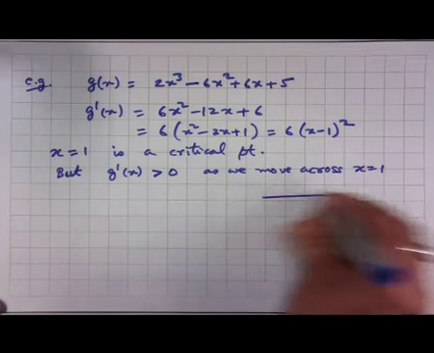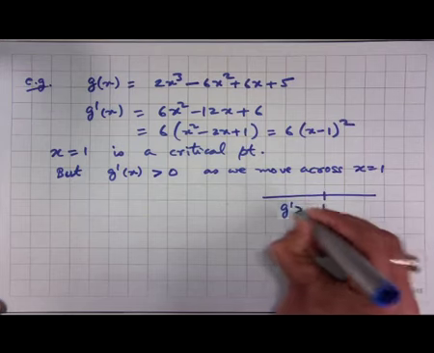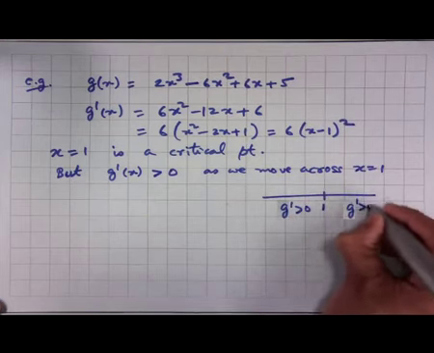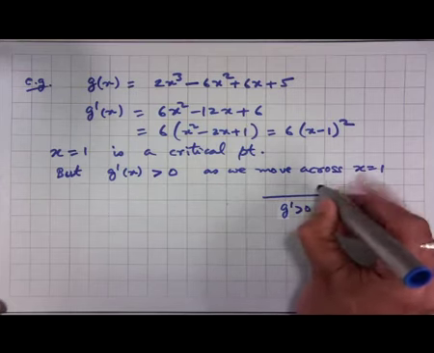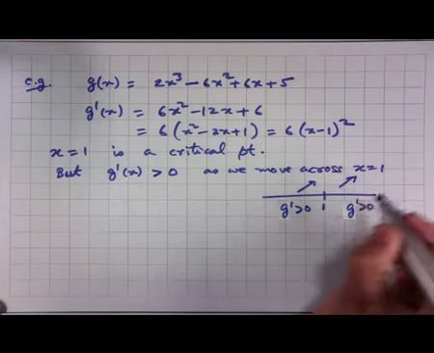So, here 1 is the critical point, g' is positive to the left of 1 as well as to the right of 1. So, the function is increasing in this interval.